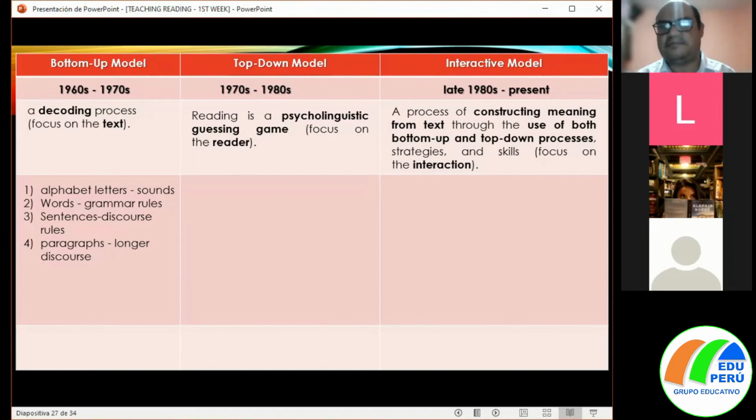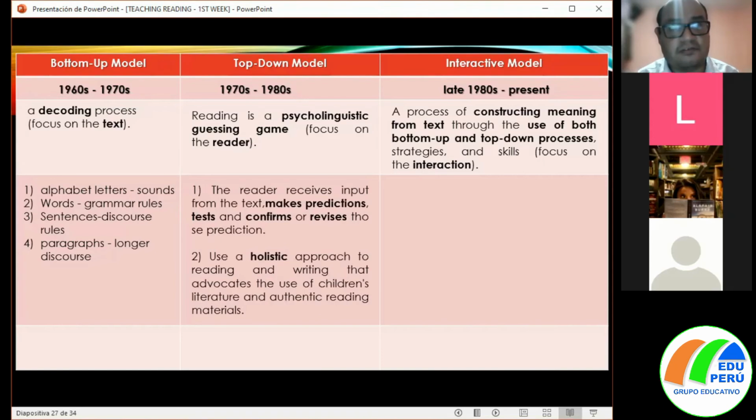But in the top-down model, first, the reader receives input from the text, makes predictions, tests and confirms or revises those predictions. Notice, receives input from the text. And with this input, the reader is going to make predictions, test and confirm or revise them.